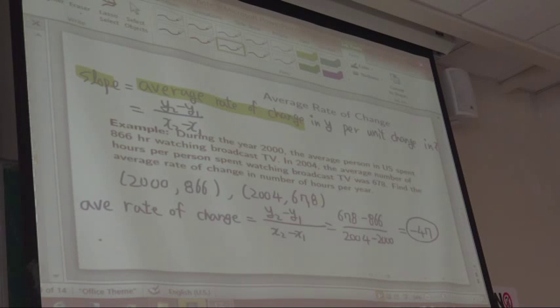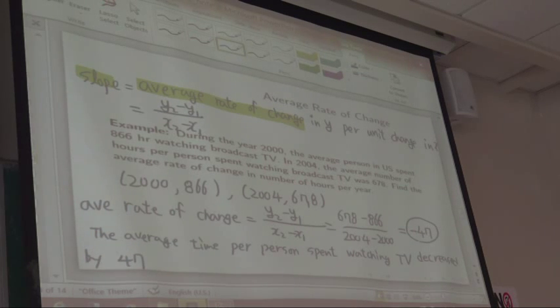So the average time per person spent watching TV decreased by 47 hours per year from 2000 through 2004.